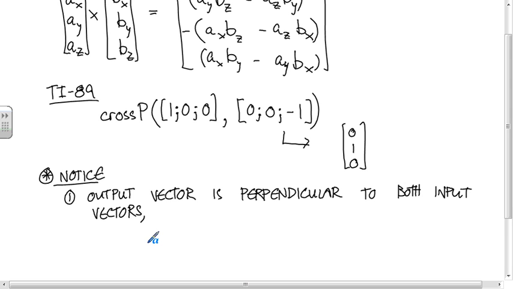Here one's going this way and one's going this way. How many vectors are perpendicular to both of those? Well, without considering magnitude, how many directions are perpendicular to these two? 2. One this way and one the opposite way. Okay. And you choose which one of those 2 is the correct direction by the right-hand rule. So it's perpendicular to both input vectors according to the right-hand rule.